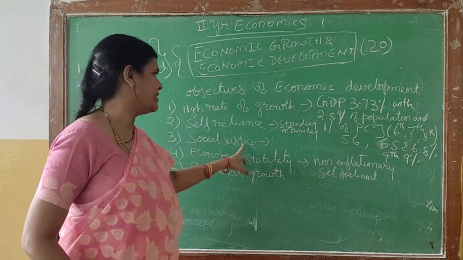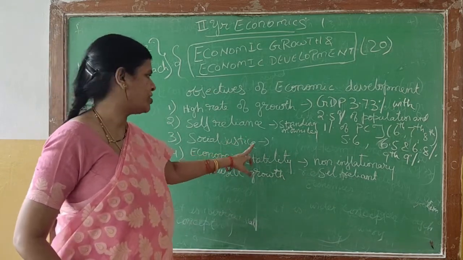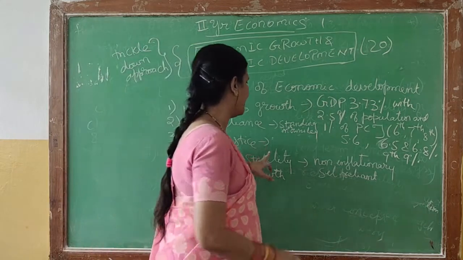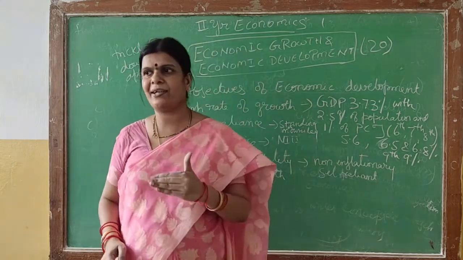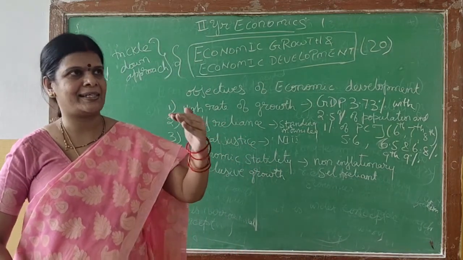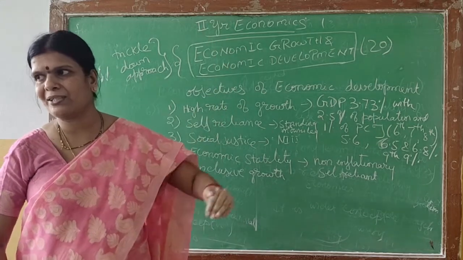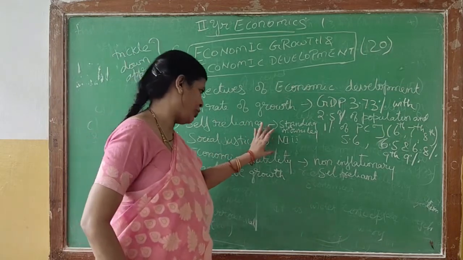The Planning Commission has been transformed into Niti Aayog. What does Niti Aayog mean? The decentralized process means from villages to states. Planning should start from the lower authority, lower states, to upper states. That is called the decentralization process.